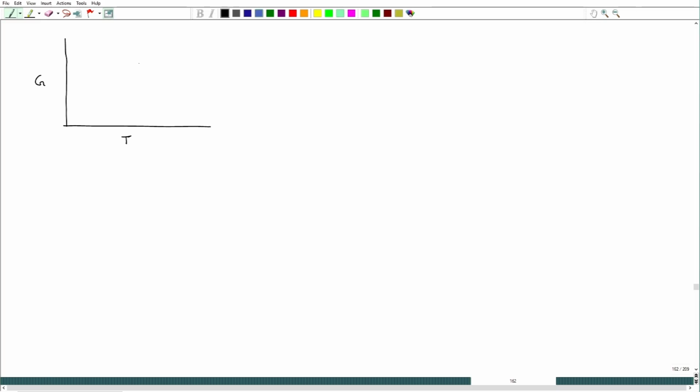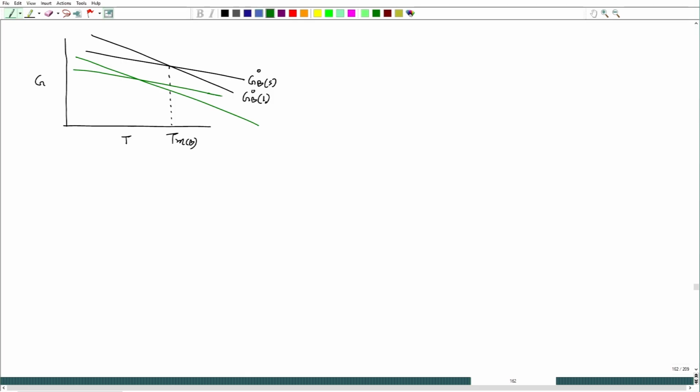And remember, this is arbitrary, and we are taking conditions like this, which is G_B naught, this is solid, G_B naught, this is liquid, and this is the temperature, which is the melting point of B, and then we are taking another one, which is for A, this is T_M A, and this becomes G_A naught liquid, this is G naught A solid.